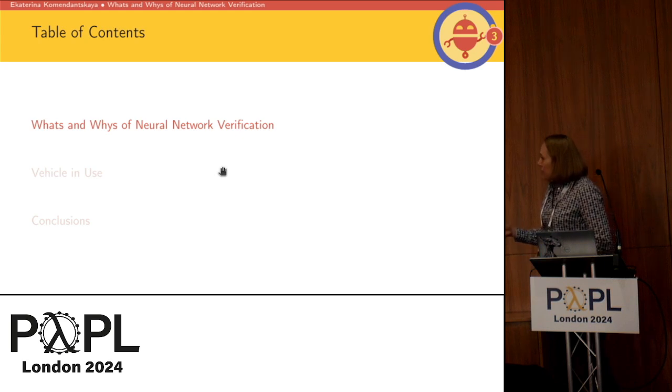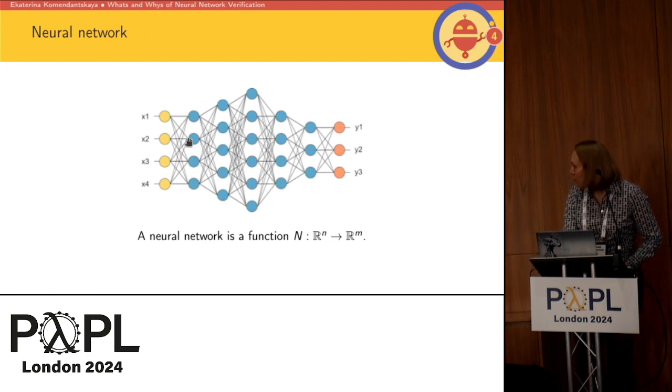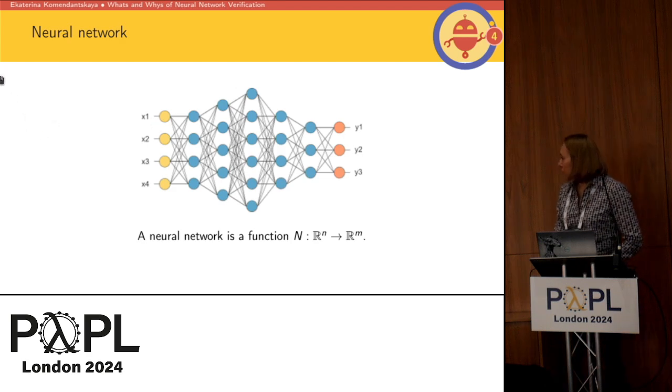So let's try to go for the first topic. What did we find out in terms of usability of types and more generally declarative languages in this area? For the purpose of this talk, we'll be talking of a neural network as a function.